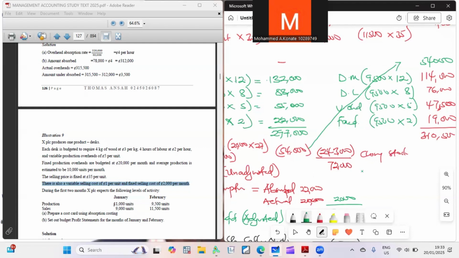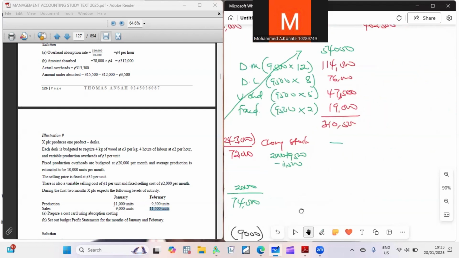The formula is opening stock, so opening stock was 2,000, add the production, which is 9,500, minus your sales. How much did they sell? 11,500. So technically there will not be any closing stock because everything has been sold. Because this together is 0. So if everything has been sold, then the 310,500 becomes our cost of sales.